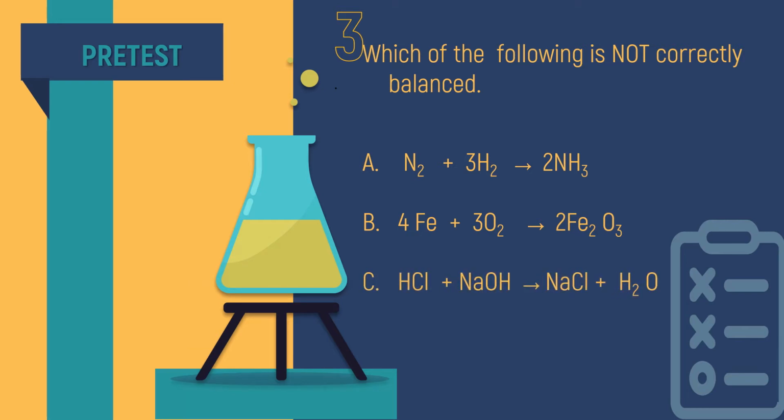Letter C. Hydrochloric acid reacts with sodium hydroxide, producing sodium chloride and water. And letter D. Aluminum plus 3 moles of hydrochloric acid, producing aluminum chloride plus hydrogen gas.